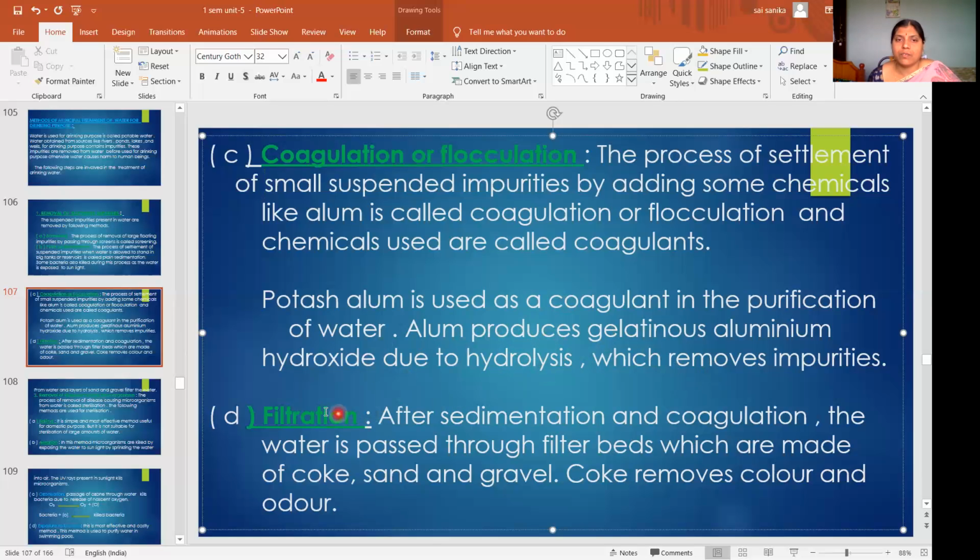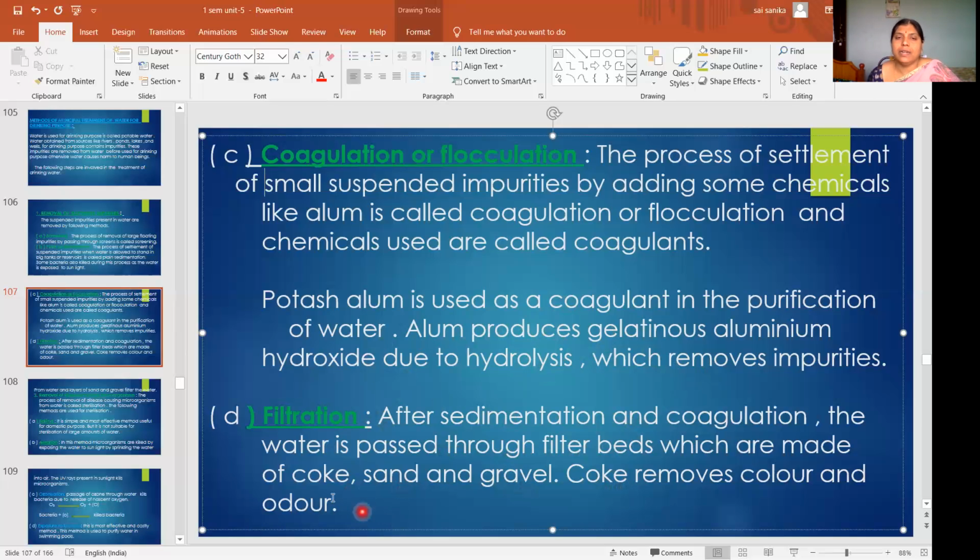After coagulation, what will we do? We will do filtration. After sedimentation and coagulation, the water is passed through filter beds which are made up of coke, sand and gravel.